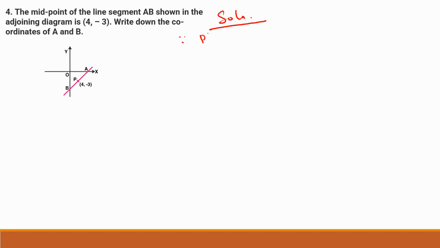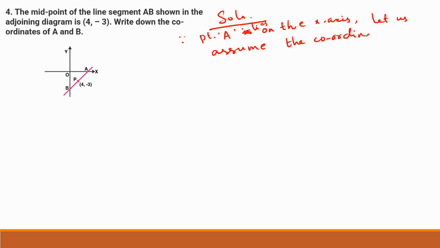Since point A lies on the x-axis, let us assume the coordinates of point A as (a, 0).